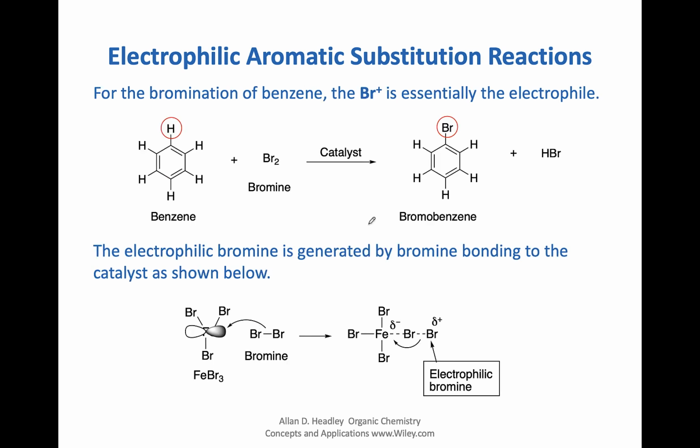Let's look at another reaction here, and this is the bromination of benzene, adding bromine. So these reactions, of course, as I mentioned, require an electrophile, because the benzene is a nucleophile. So what we need here is Br+.